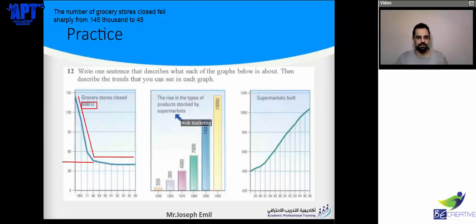The rise in the types of products stocked by supermarkets. First, they were stocking 550 types of products in 1950, and then right until 1995, they stocked 19,000. So you can say that this rise is going very quickly.